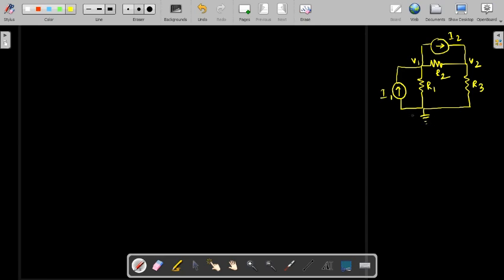In the last class I used this circuit and showed you how to use nodal analysis for computing the node voltages. So by nodal analysis, we compute the node voltages.